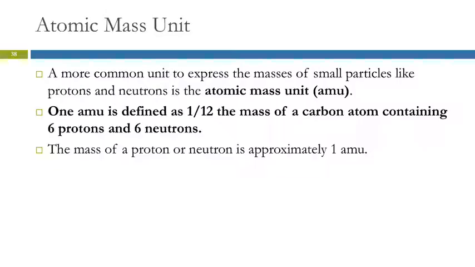So what we're doing is defining that atom as weighing exactly 12 atomic mass units, and so 1 atomic mass unit is 1/12 of that. They used carbon-12 because it's stable, it's safe, it's cheap, it's easy to get a hold of. They could have chosen something else, but they chose something easy.